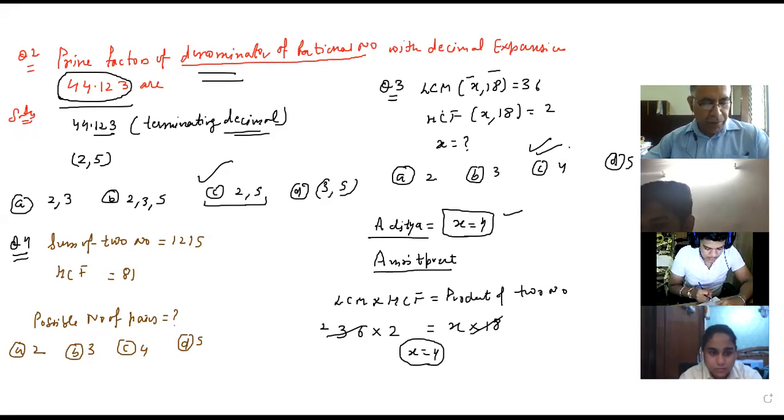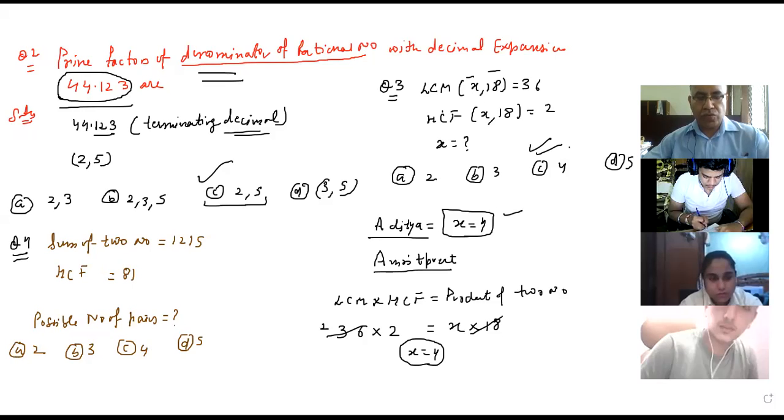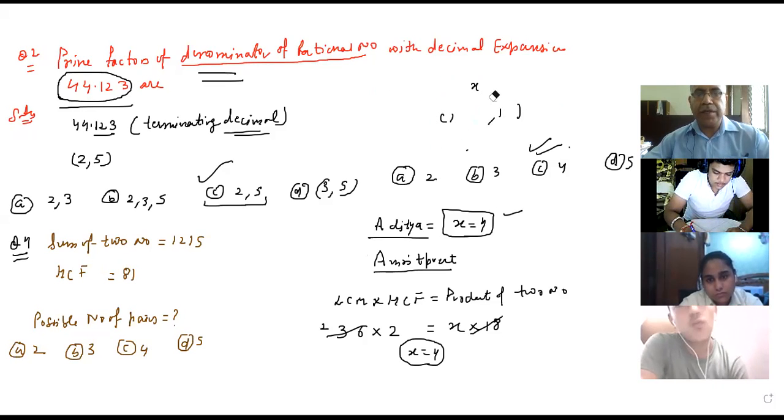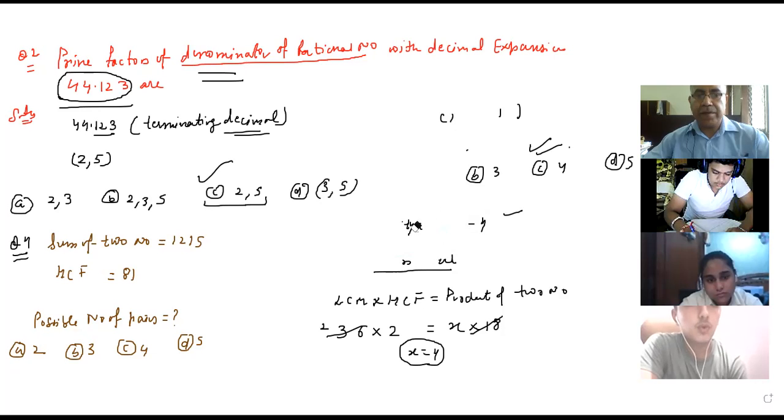Then possible number of pairs of such numbers are 2, 3, 4, 5. कितने pairs इसके हो सकते हैं? Sir, A part 2. आप क्या कह रहे हैं जी, कितने हो सकते हैं जी? Sir, 2. So just a minute. Let me clear it. Then I will come back.